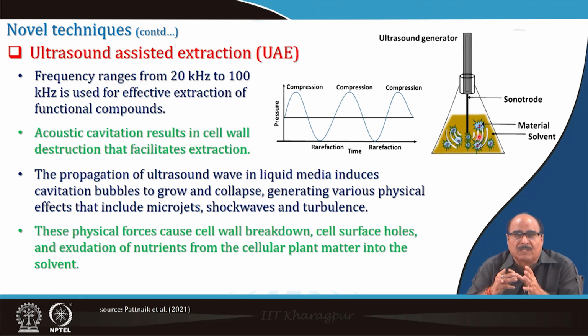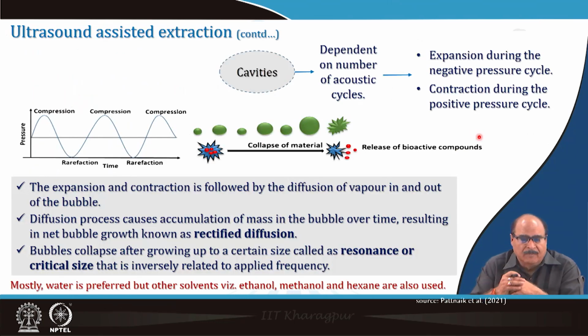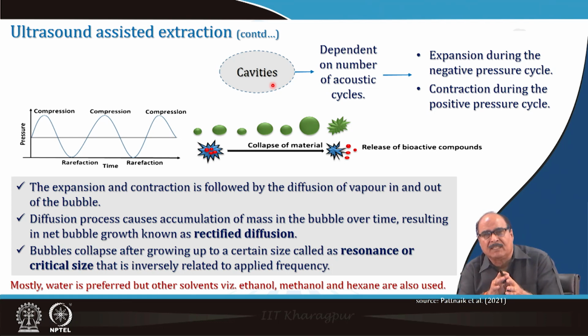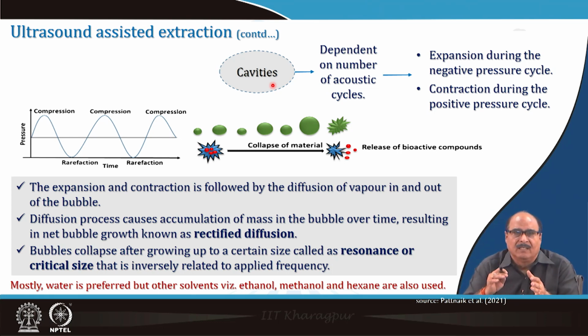These physical forces cause cell wall breakdown, cell surface holes and exudation of nutrients from the cellular plant matter into the solvent. The cavities, you can see here in this figure, are dependent on the number of acoustic cycles, and then there is expansion during the negative pressure cycle or contraction during the positive pressure cycle.